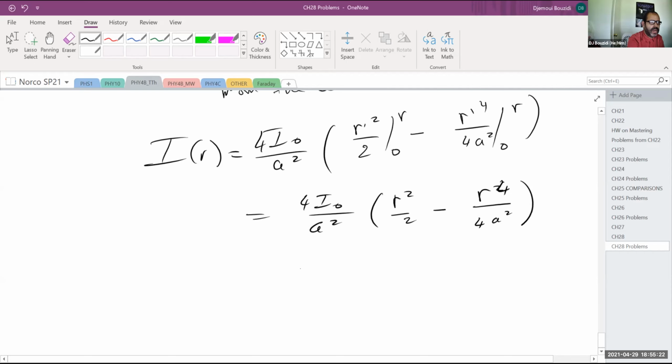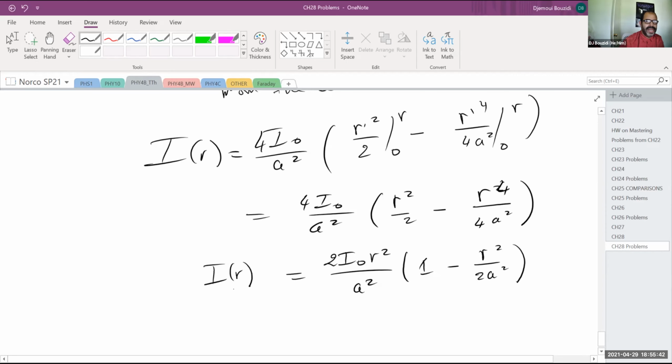Obviously, we can take r squared as a common factor, and we actually are going to take the 2 from the denominator. So it's going to be 2I naught r squared over a squared times 1 minus r squared over 2a squared. So this is the expression for I sub r.